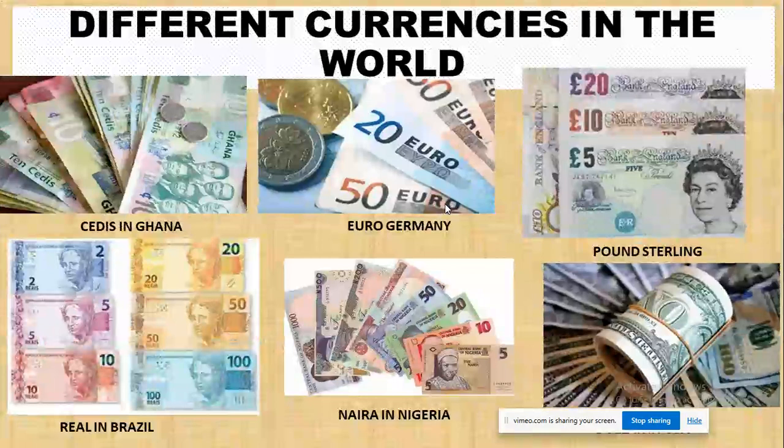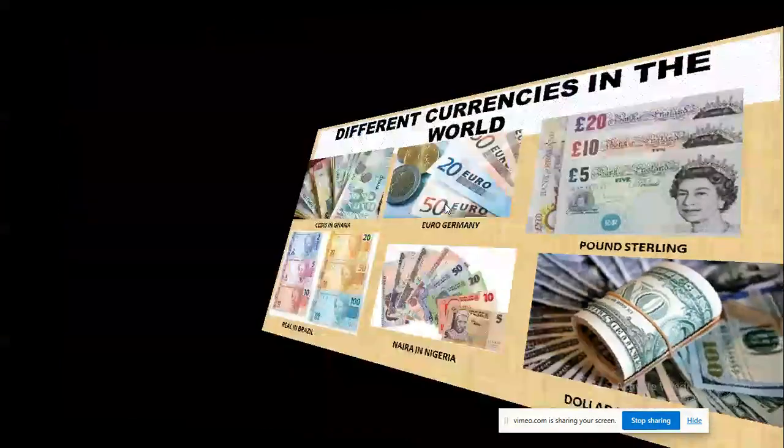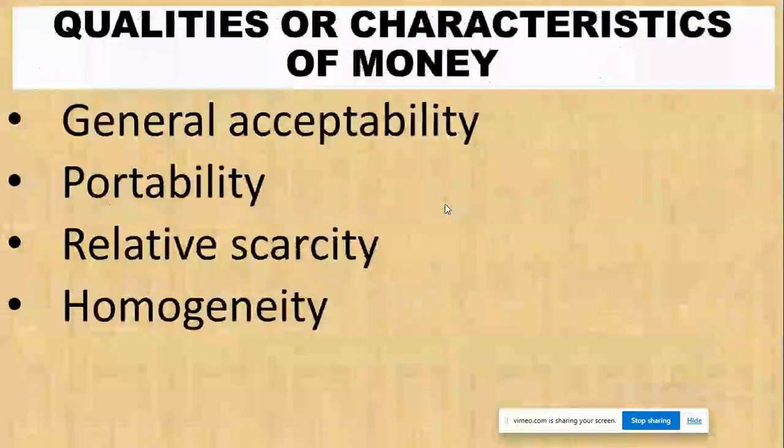This is pound sterling used in some countries, especially England. This is real in Brazil. They use real in Brazil. This is naira used in Nigeria. You can visit online and learn different names of currency used in any part of the country. Okay, let's talk about qualities or features or characteristics of money.